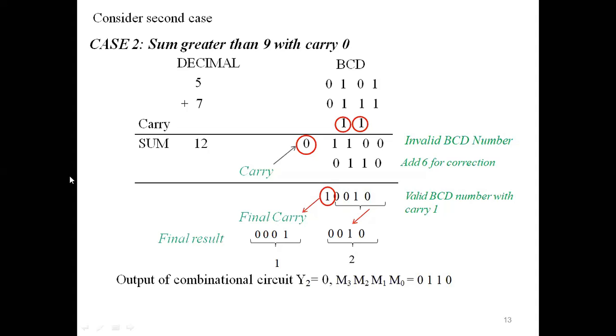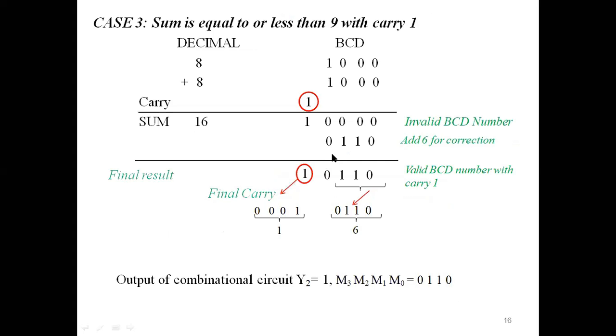So that is why we have to add plus 6 to the resultant value. So here we added 0 1 1 0: 0 0 plus 1 1, and 1 plus 1, 1 1. So we will get the output 0 0 0 1 and 0 0 1 0.